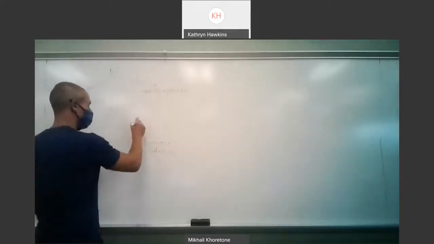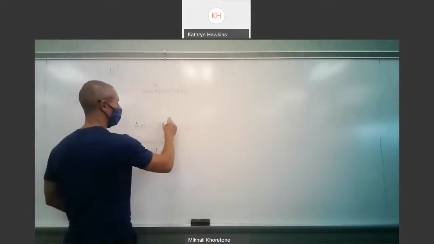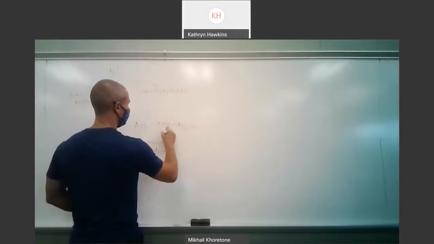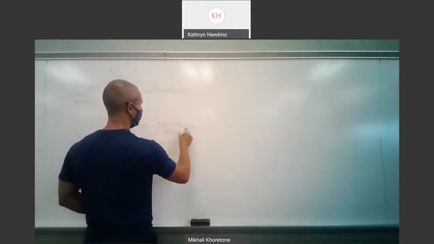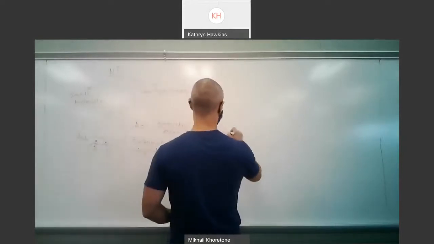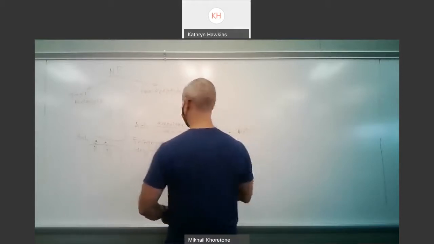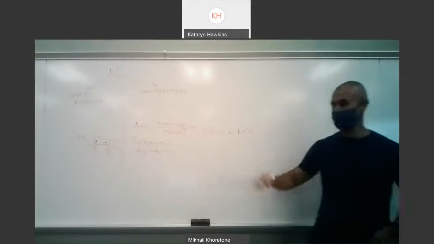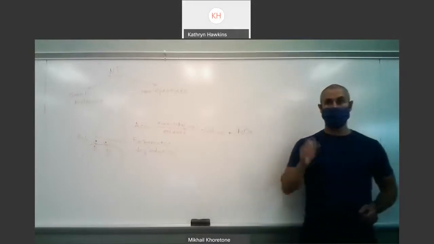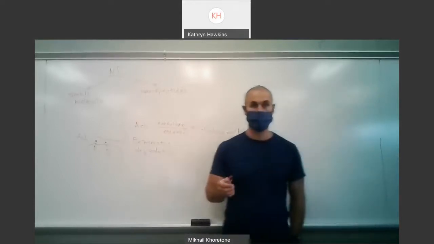If you're curious, the enzyme called acetylcholinesterase breaks it down to choline and acetic acid. Will I ask you this reaction? No, it's not biochemistry. Okay? But here's the deal. Here's the story. And that's a pretty fun story.